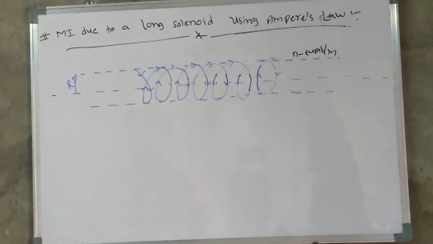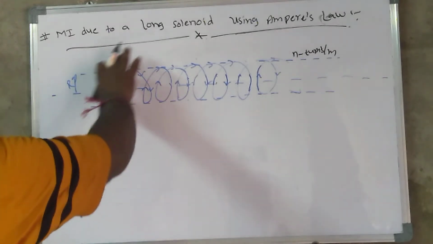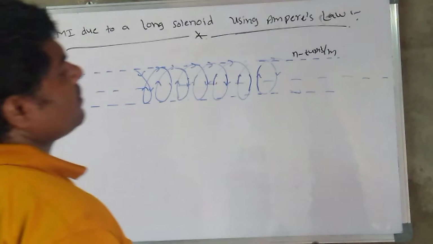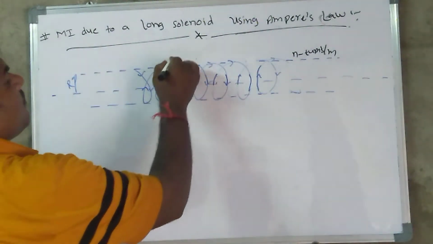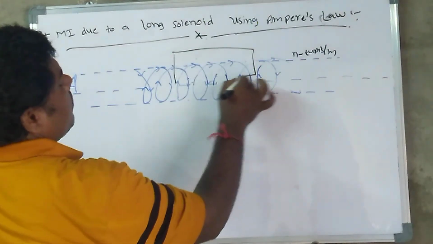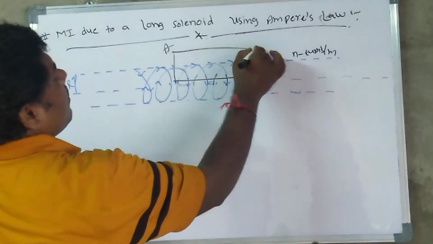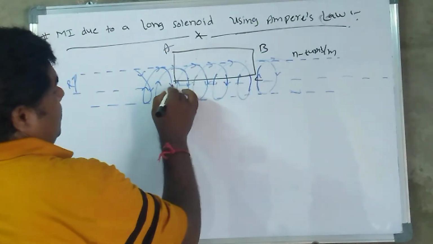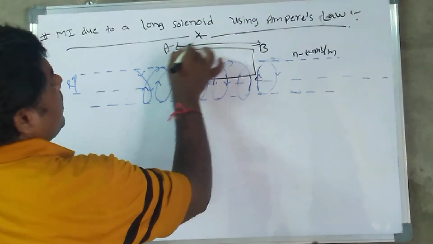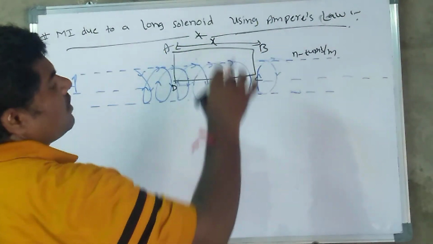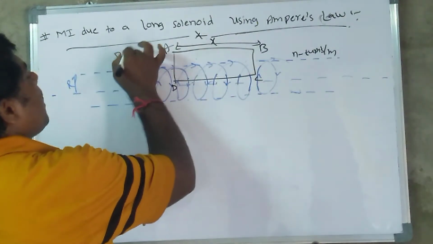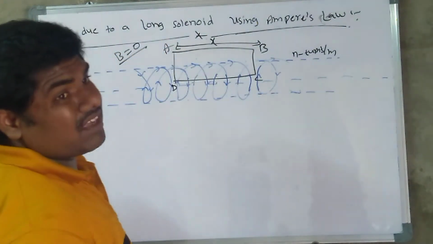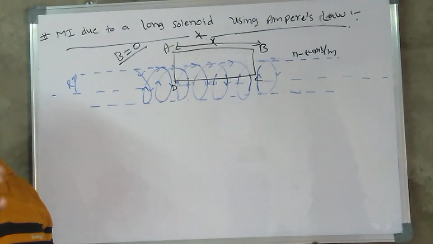Here is one more application: magnetic induction due to a long solenoid using Ampere's law. Here n is the number of turns per meter. So let us consider one loop. This is the one loop, this is A, this is B, D, in between A, B, X everywhere, also X. You may remember outside the magnetic field is equal to 0, because of the I enclosed, no current outside.